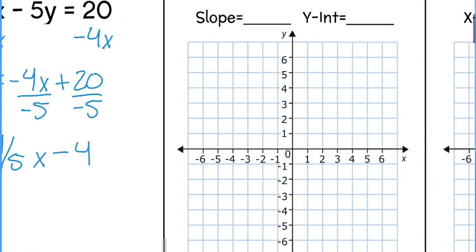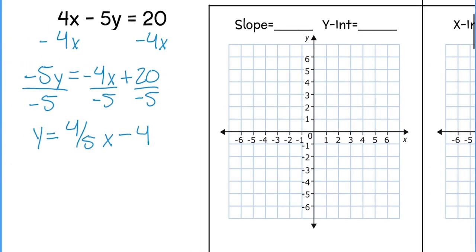We're going to go over to our graph now. What is my y-intercept? Negative 4. Yep, my y-intercept is negative 4. And John also told us that our slope is 4 over 5. So I'm going to find negative 4 on my y-axis and put a little dot.